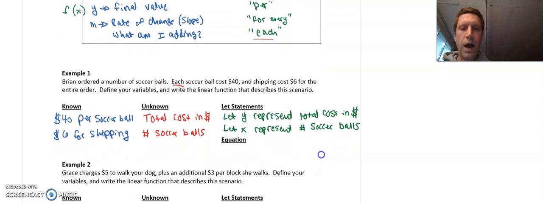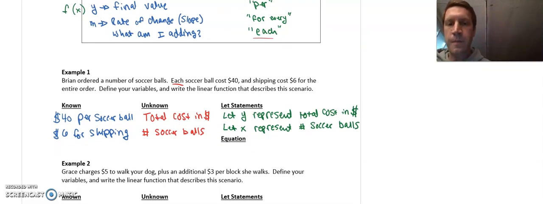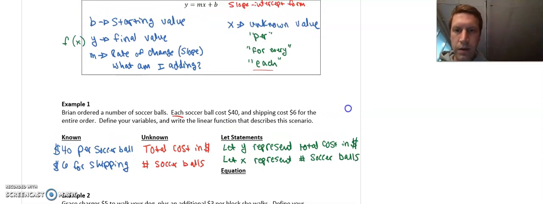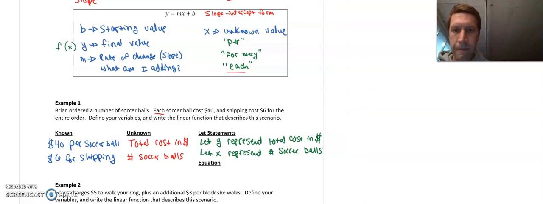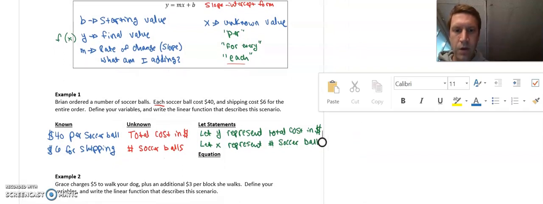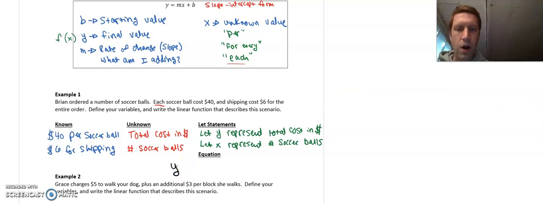Okay, so now I want to develop my equation, and let's see, y equals mx plus b. So my final, y is the final cost in dollars, so I don't know that. I'm going to say y equals, and then m times x.